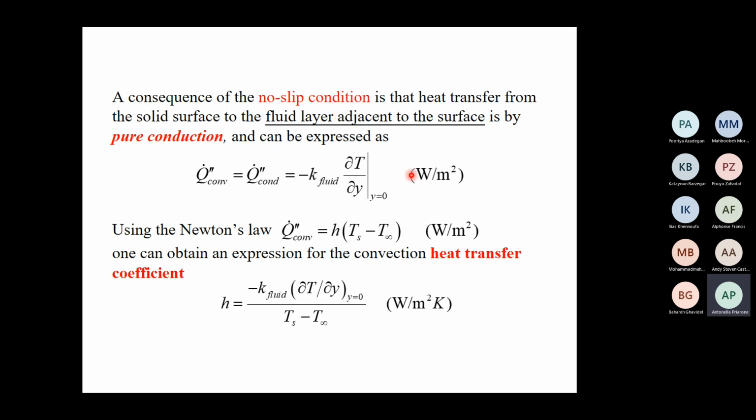On the thin layer near the wall for which the fluid is motionless, because of the no-slip condition, I can consider conduction. So I can write that the heat flux exchanged by convection is equal to the heat flux exchanged by conduction if I apply the Fourier law at the wall, so for y equal to 0. This one is the Fourier law, but for y equal to 0, so only on the plate.